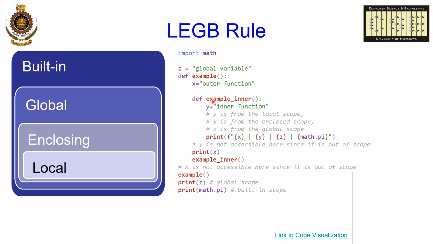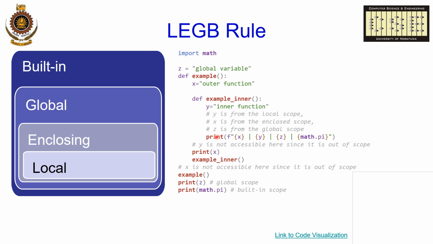We have def example_inner, which is nested inside the example function. In the example_inner function we have a variable y, a string saying inner function. Understand that y is from the local scope of this function, x is in the enclosing scope of this function, just outside but not global. Then z is from the global scope.